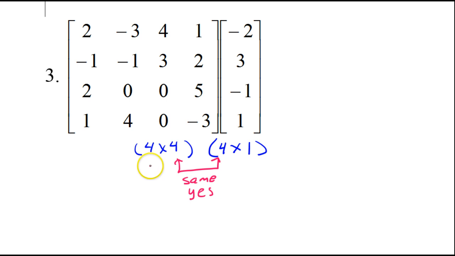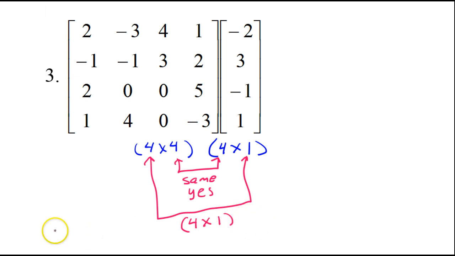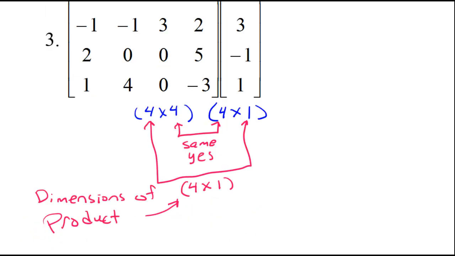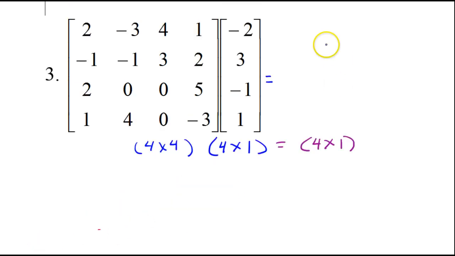Now let's talk about the dimensions of the final answer. The dimensions of the product will come from the outer dimensions, which in this case are 4 by 1. So these are the dimensions of the product. Now that we know the dimensions of the product, let's set up an empty matrix that has dimensions 4 by 1. So I'm going to set up an empty matrix that has 4 rows and 1 column.